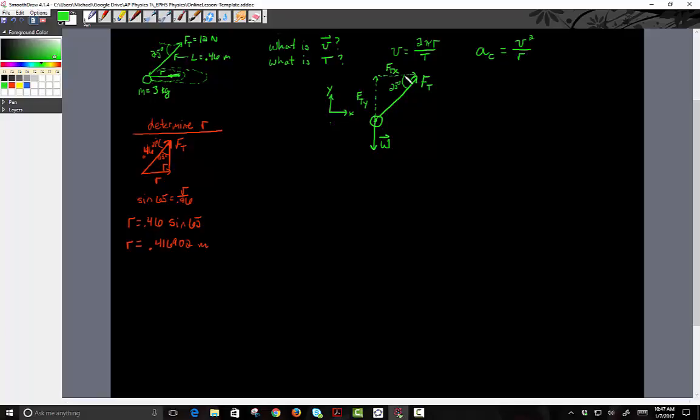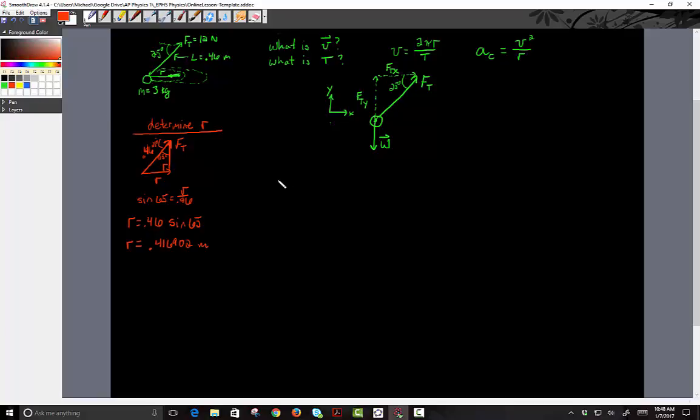And this force here is what's producing my centripetal acceleration. This one is offset with this one. So the force of the tension in the y is going to be the same in magnitude as the weight. I know that the vectors aren't the same length, but this is an equilibrium. The pendulum is not moving up and down. It's just moving in the x direction. It's going around and around in the x. So I could just make a note of that.